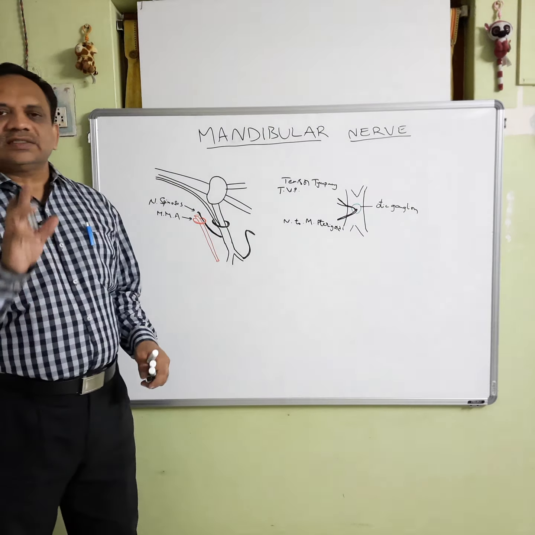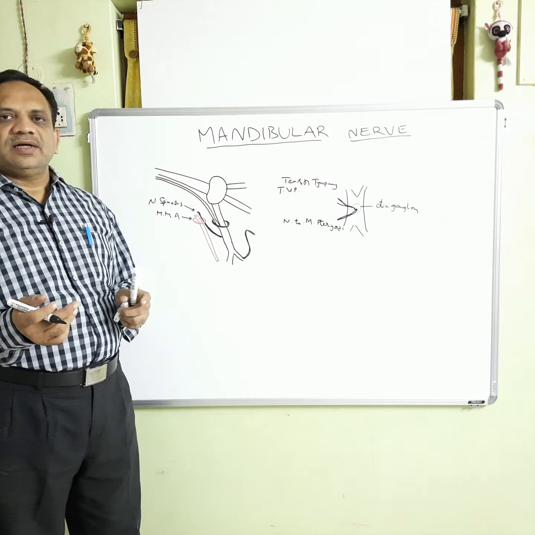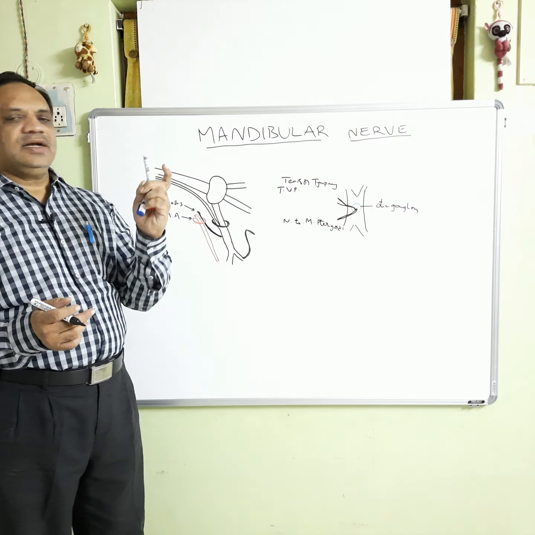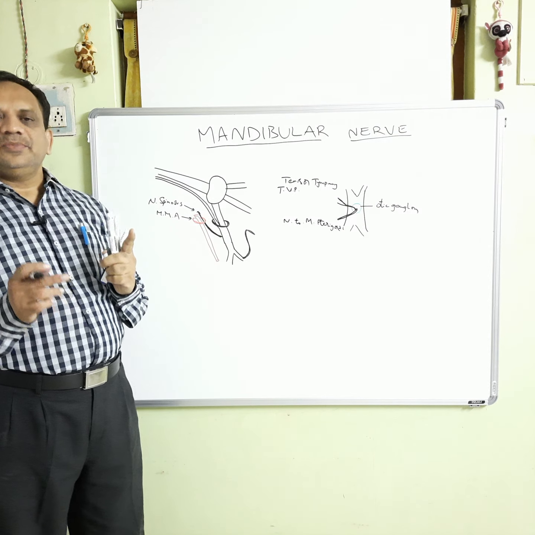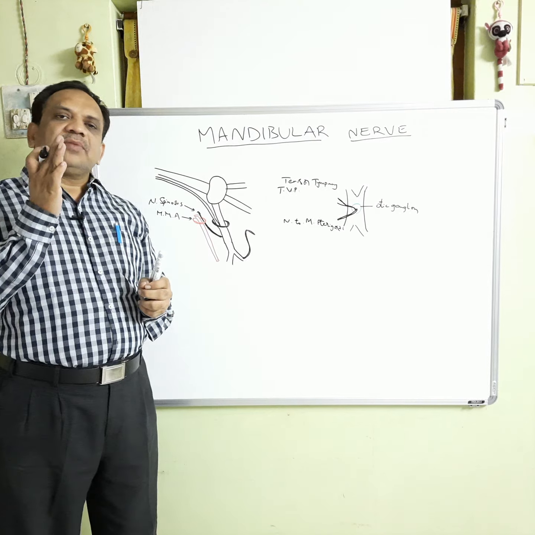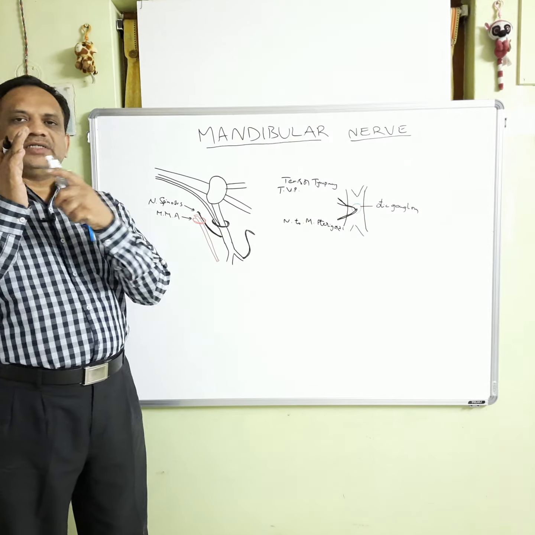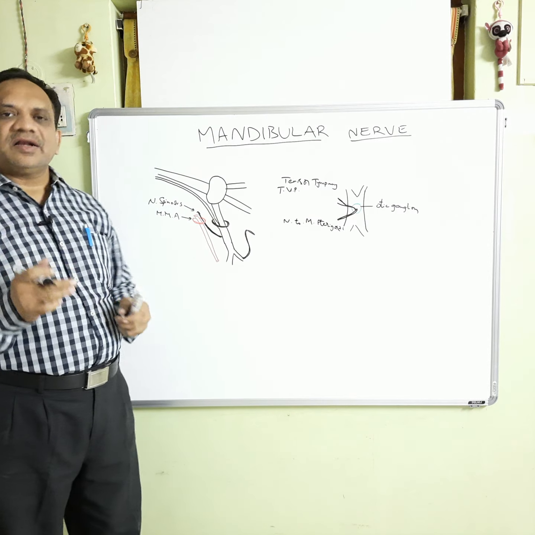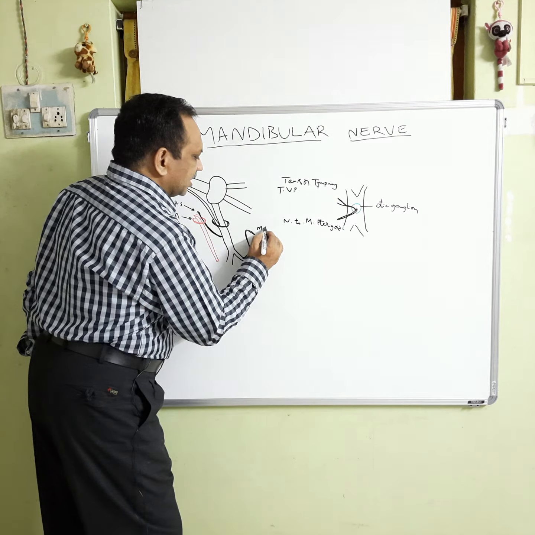It ascends behind the lateral pterygoid muscle, reaches its upper border, then turns laterally to come out through the mandibular notch. The masseter muscle is present outside the mandible, so it enters the muscle from its deeper side and innervates the masseter muscle. So this is the masseteric branch.